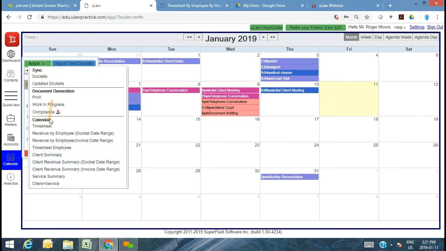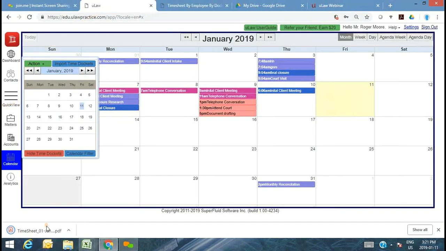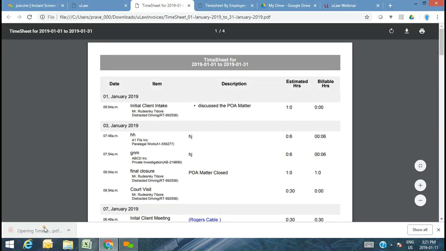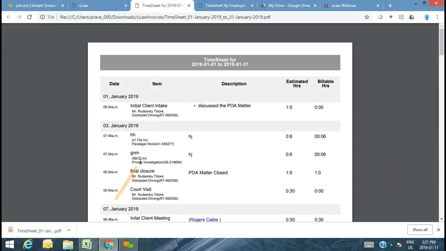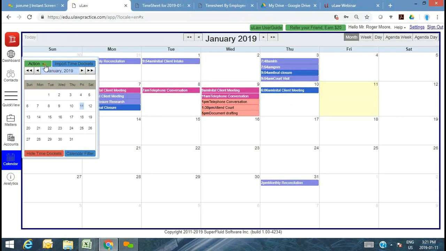Now you can also generate just a normal timesheet or a date range, which is not specific to an employee. But especially in a multi-law firm or a legal firm situation where there are multiple legal practitioners, it probably makes sense to divvy them up by employee. So this is a typical timesheet by date. So you can either do by date or you can do it by employees. So hopefully that answered that question.